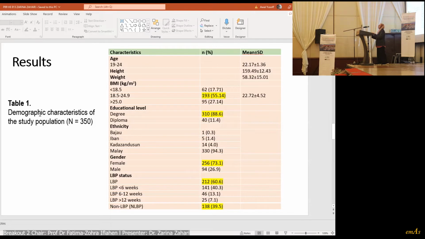Among 190 participants, the majority had a BMI from 18.5 to 24.9. The participants were mostly female, with a high prevalence of low back pain.